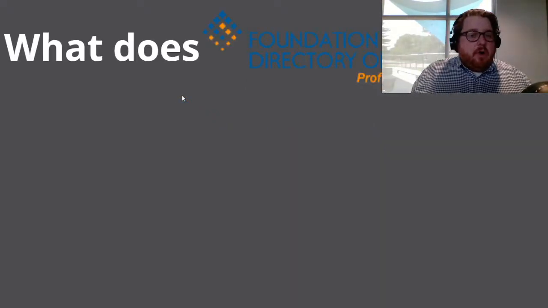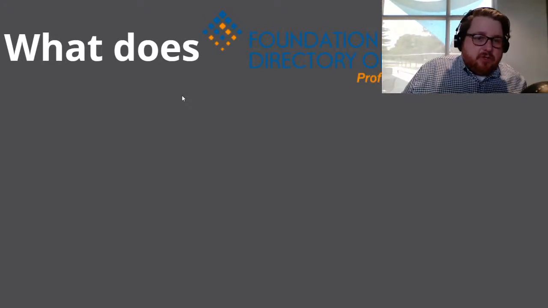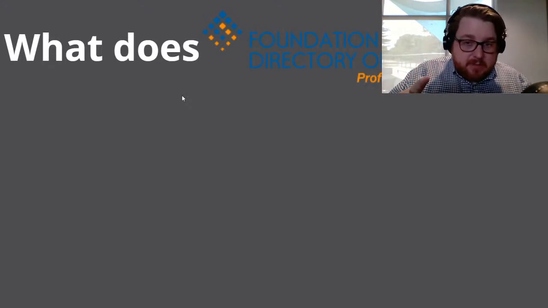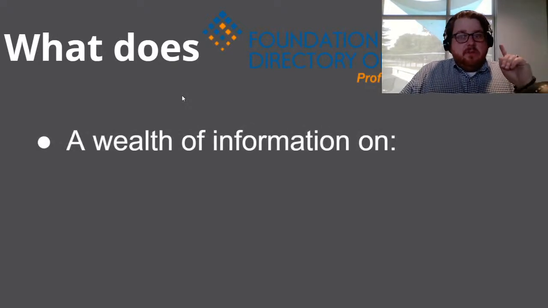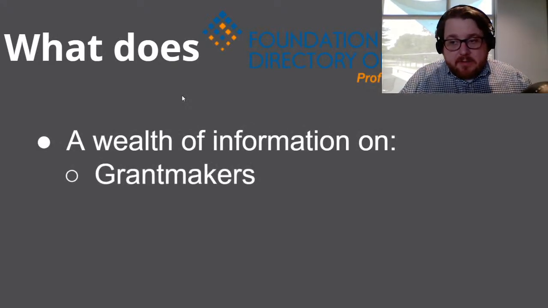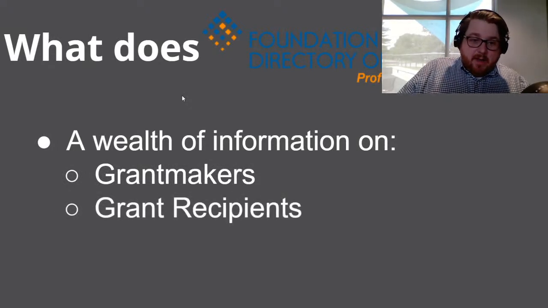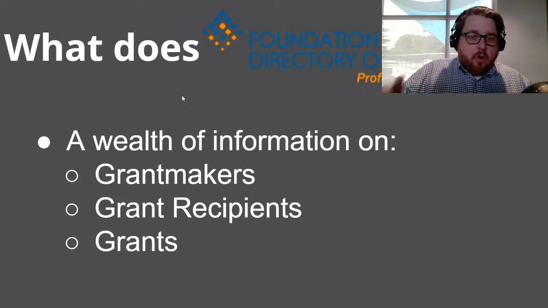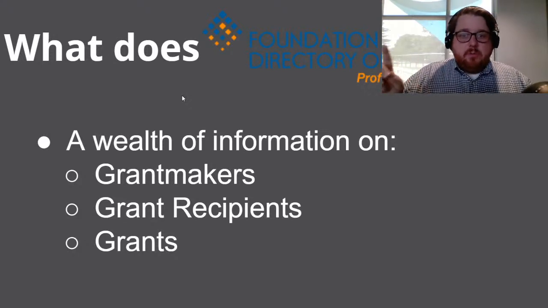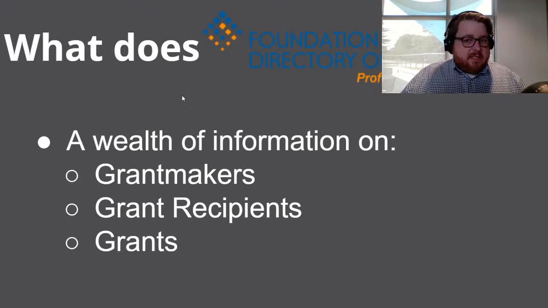So the FDO arranges their information in 4 categories: grant makers, grant recipients, grants, and 990s. So in order, you have the people that gave the grants, the people that received the grants, notice the past tense, were awarded from group 1 to group 2, and tax info that details all of that information, but in a less user-friendly form.